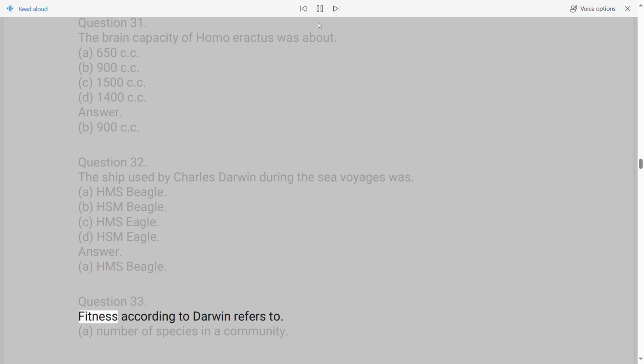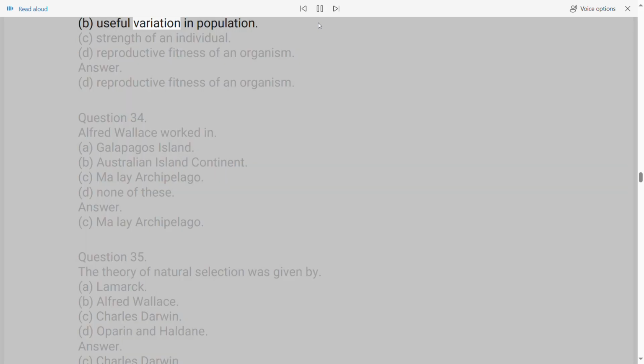Fitness according to Darwin refers to A. Number of species in a community. B. Useful variation in population. C. Strength of an individual. D. Reproductive fitness of an organism. Answer. D. Reproductive fitness of an organism.